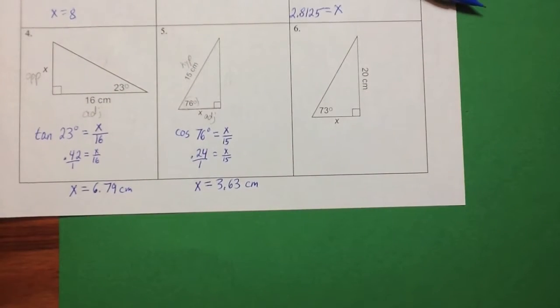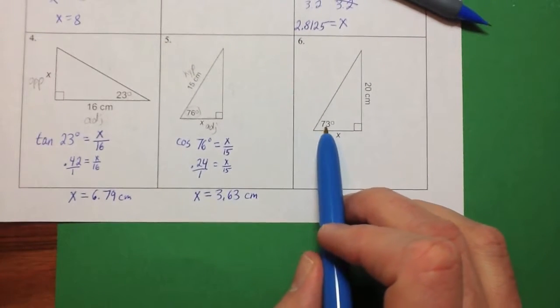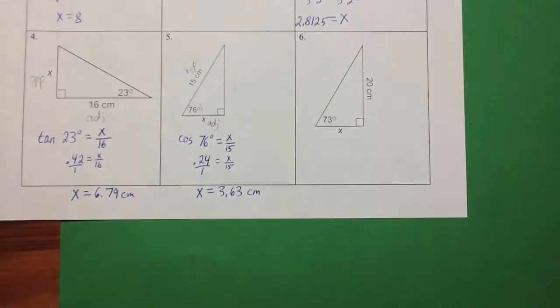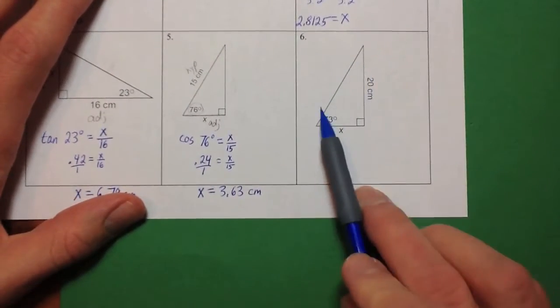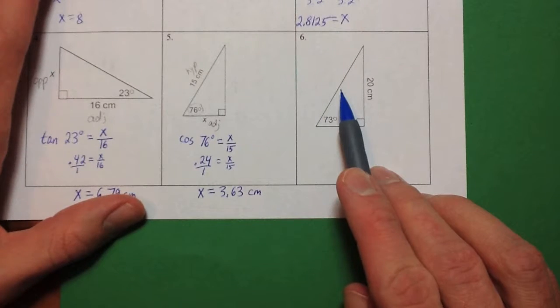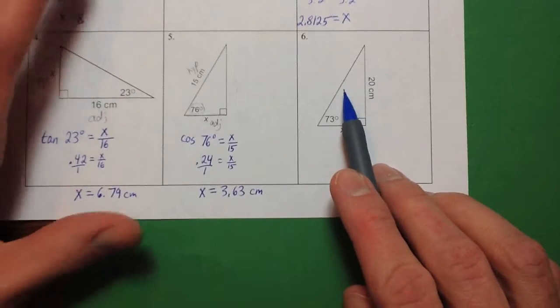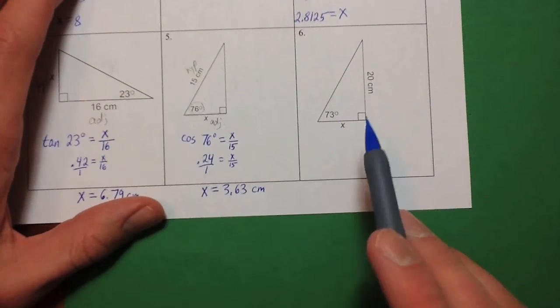We go to number 6. Where do we look first? What we look for first is the angle. When we know the angle, we can start labeling sides. I am going to ignore this. Why am I ignoring it? I don't have anything there. I have no numbers. I have no letters. So, don't need it at all. But I do know this and I do know that.